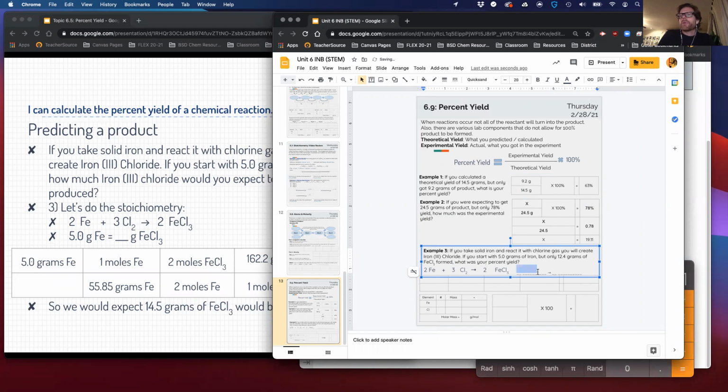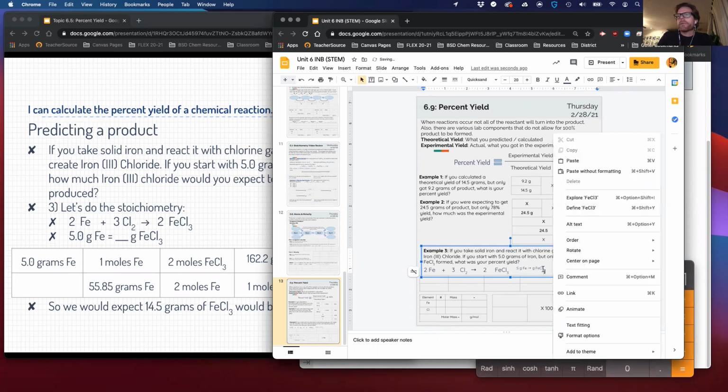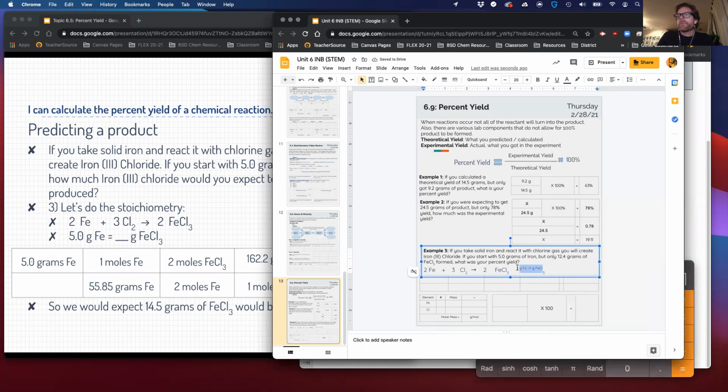And if I started with 5 grams of Fe, I want to know how many grams of FeCl3 theoretically formed, so that I can compare it to the other ones. Okay? So it'll look like that. So cool. All right. So 5 grams of Fe. And I want to know how many grams of FeCl3 I should expect at least.